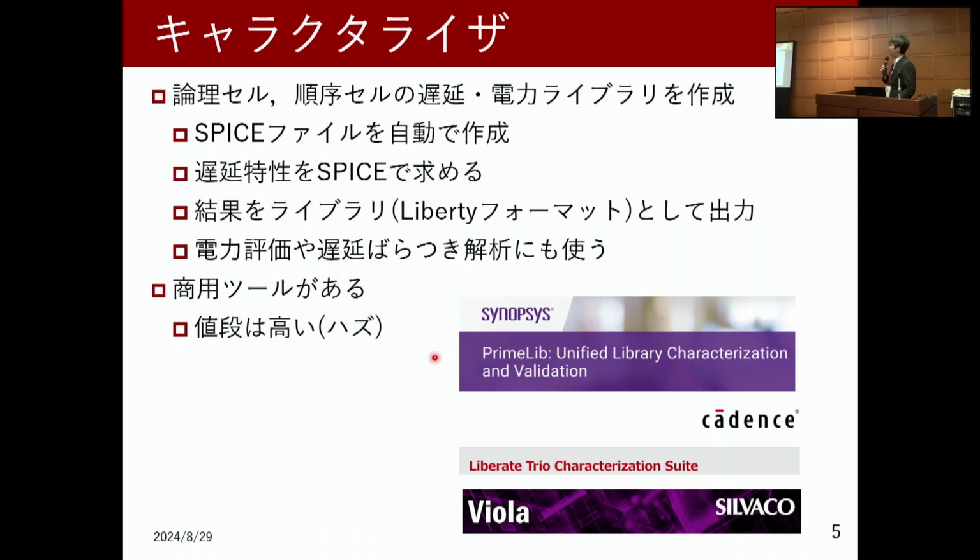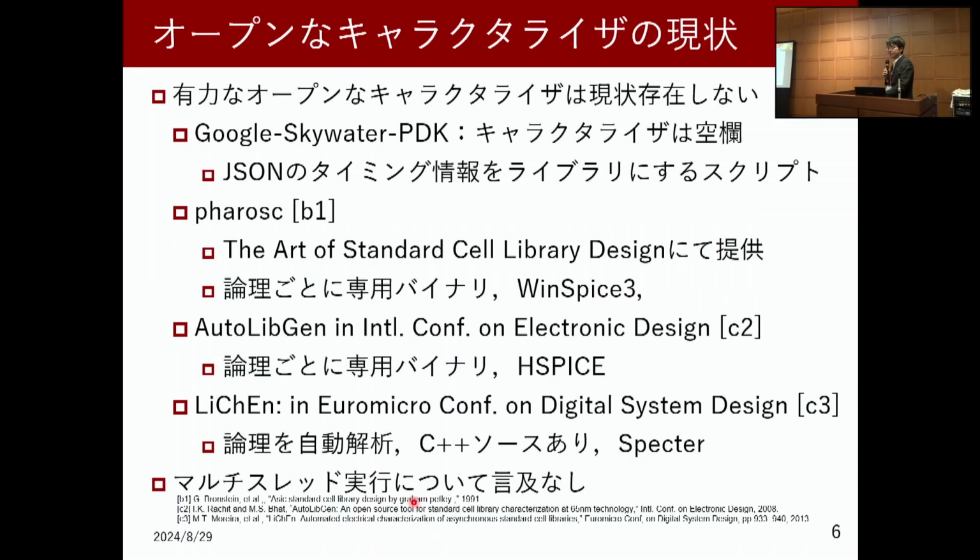We have several commercial characterizer tools from, we can say, Synopsys, Cadence, and Silvaco. But the issue is the price, which is very expensive. So we need a characterizer, but we still have no conclusion for open source characterizers.